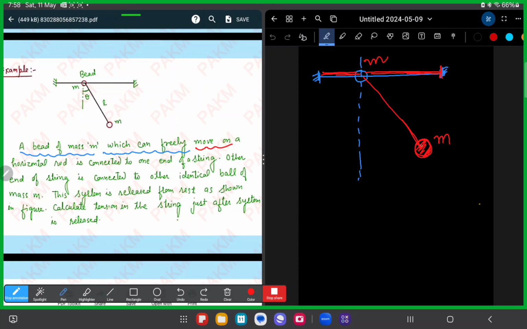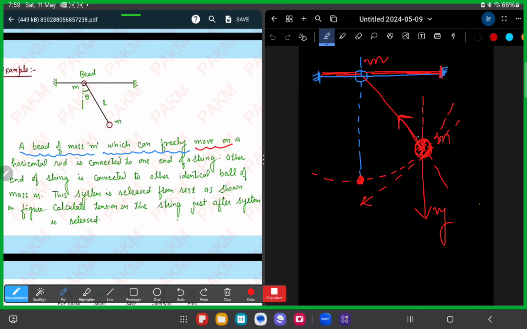Now once the system gets released, the mg force is trying to bring it back to the mean position. Once we release, what will happen? Tension. Now tension starts and mg is trying to bring it back.